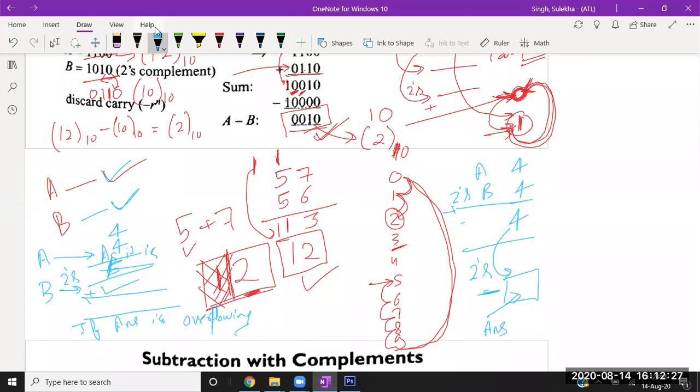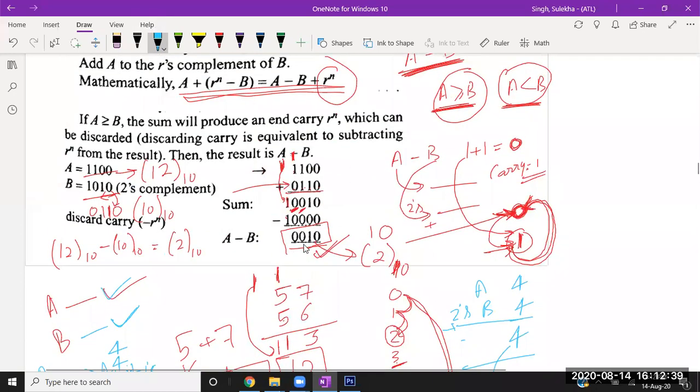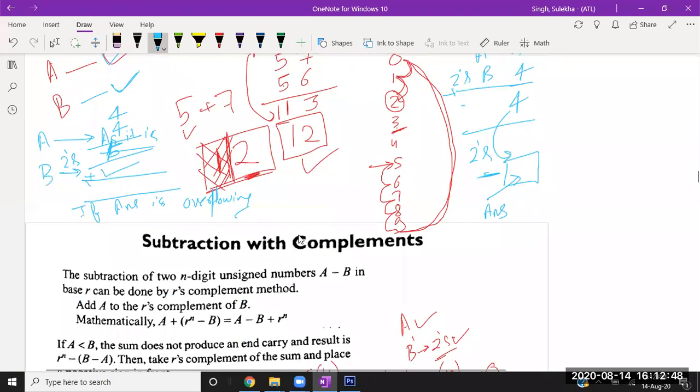These are the two things we can say without knowing whether A is greater than B or B is greater than A. In the first case, after discarding that extra carry, your answer is this, a positive number.